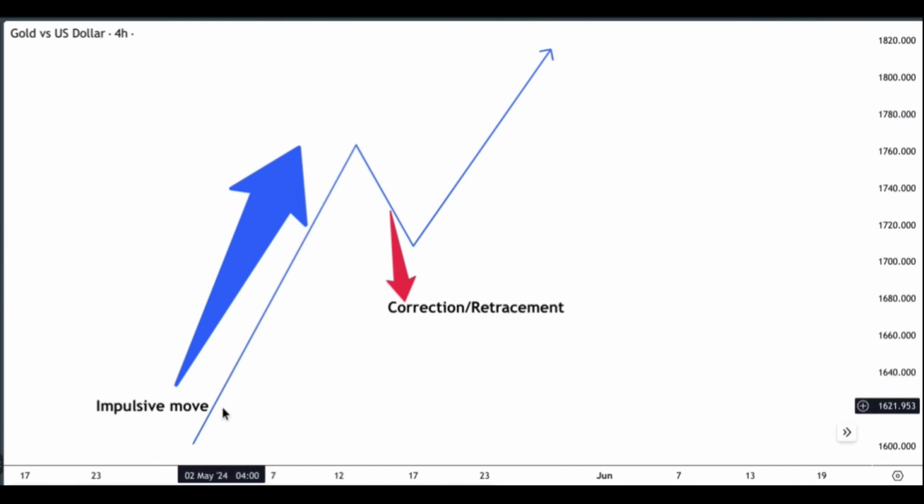It takes the direction of that trend. And then the correction or retracement is that. So the market moves in two phases. An impulsive move is a strong directional move, while a correction phase is a retracement or consolidation period.